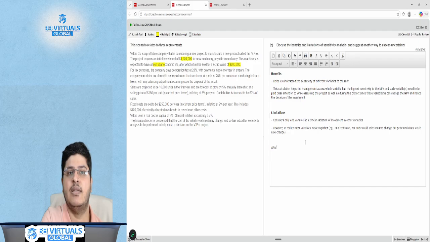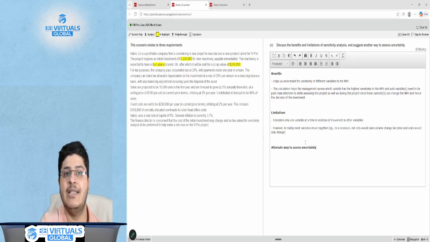Alternate way to assess. What is the alternate way to assess uncertainty? Remember, in the class we had discussed that there is an alternate way that addresses this problem. What is the method that changes the answer to this problem?